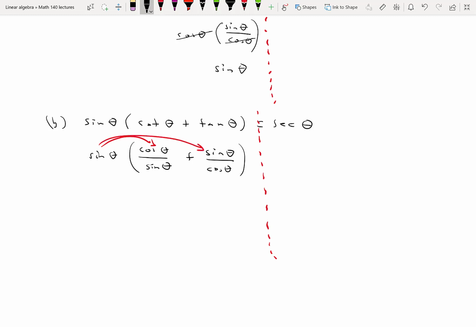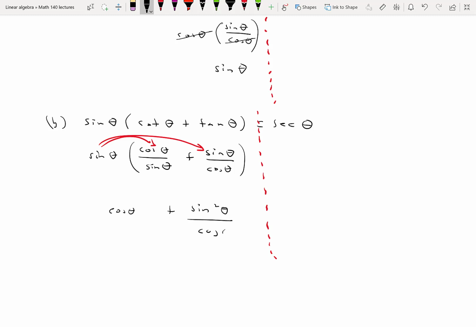I'm going to get sine times cosine over sine, and the sine will cancel, leaving me with cosine. Then I'm going to continue to distribute sine times sine over cosine. Sine times sine is sine squared.